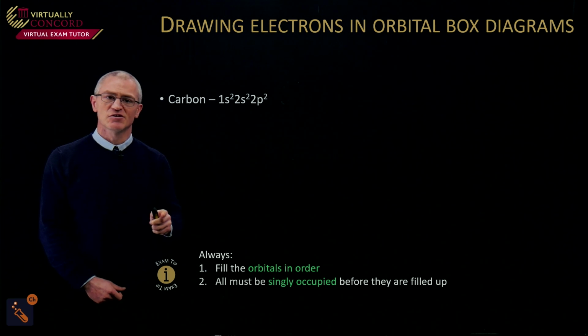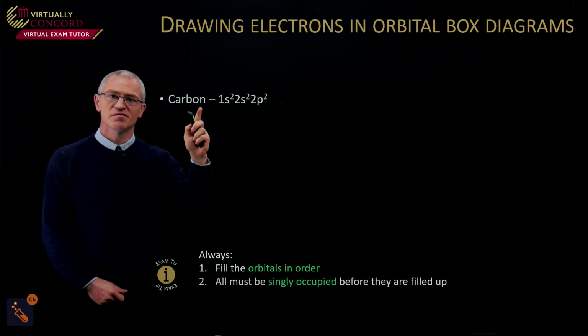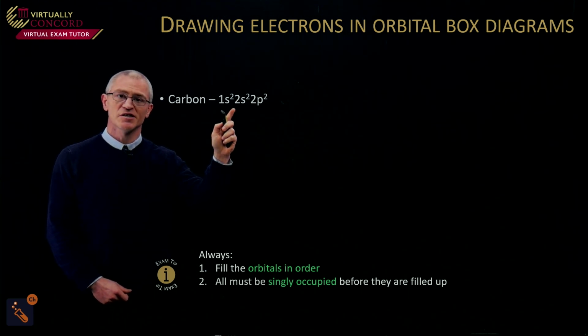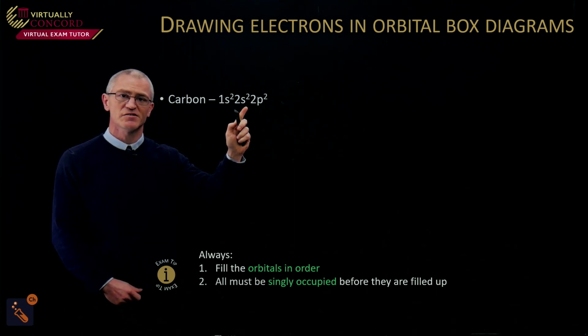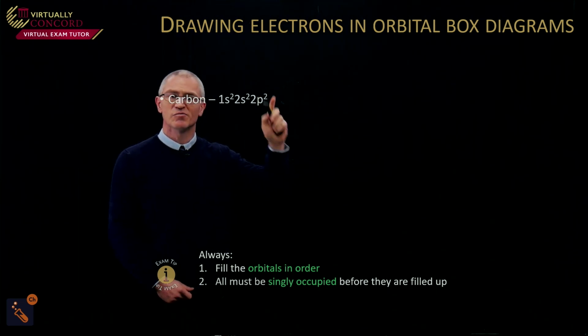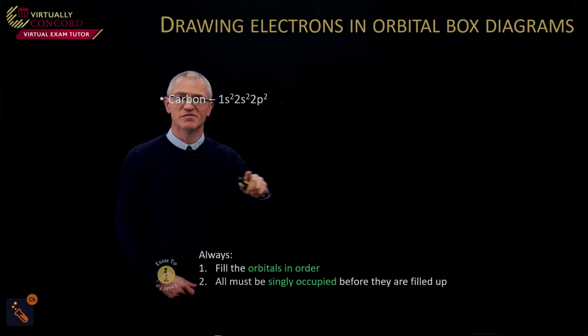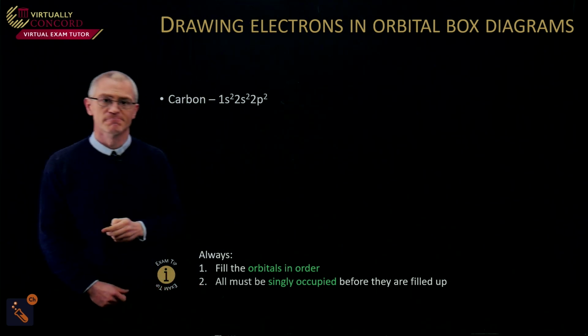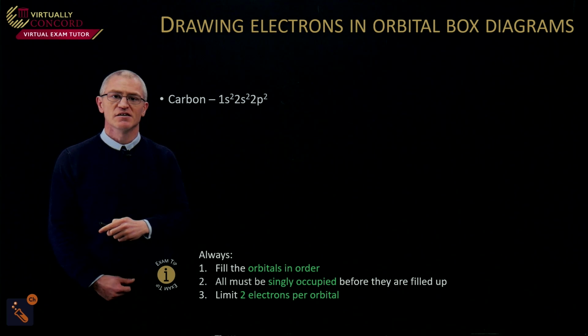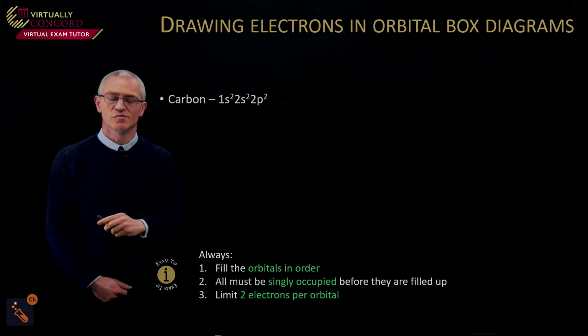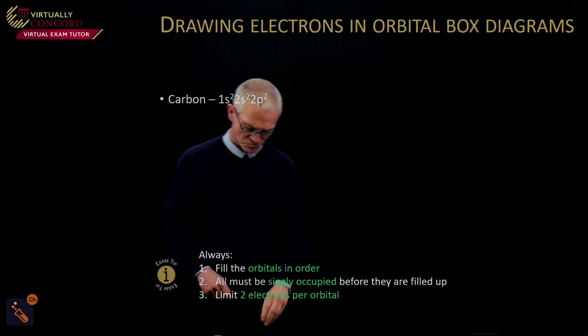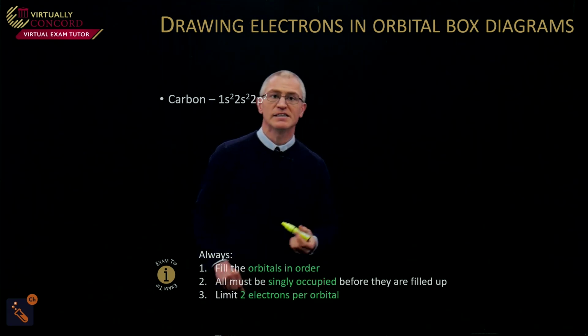Then singly occupy them before they're filled up. So you will fill, in order, first of all the 1s fully, then fill the 2s fully, and then fill the 2p. Remember there are 3 in the 2p, so they'll be filled singly before they're filled up. Okay, remember there's 2 electrons per orbital, so that's really important. Okay, so right, let's actually draw the diagram.